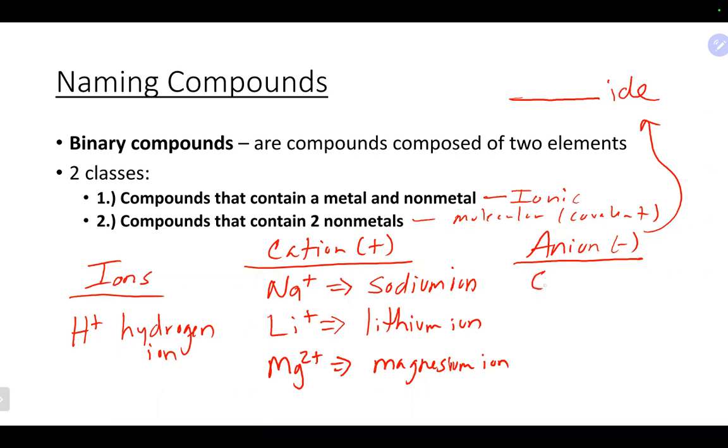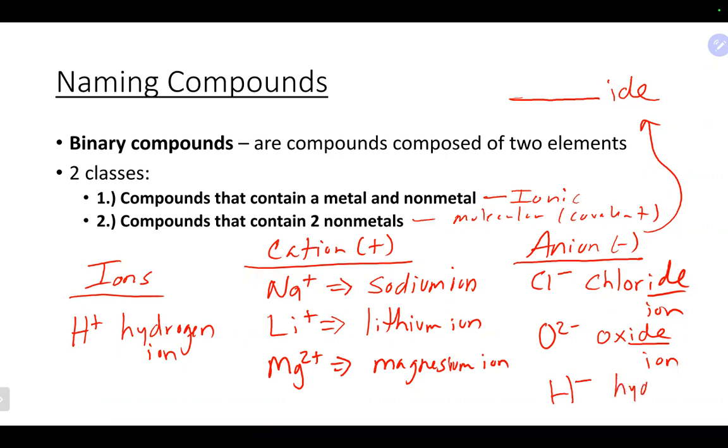So something like Cl-, from chlorine, becomes the chloride ion. If we have oxygen, O2-, that becomes the oxide ion. Now, hydrogen is one of the only elements that can go both ways. It can actually be negative as well, and we can have a negative version of hydrogen, which is known as the hydride ion.